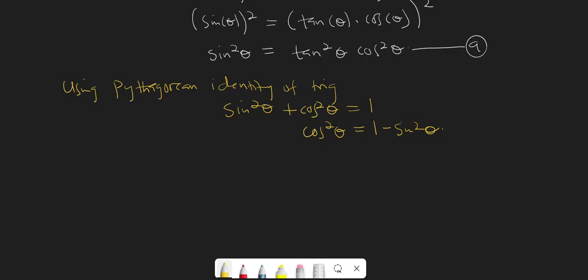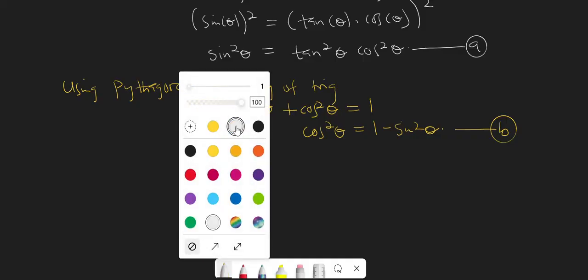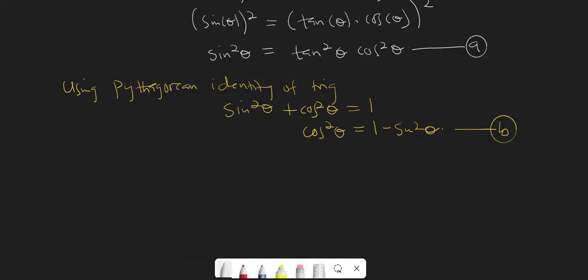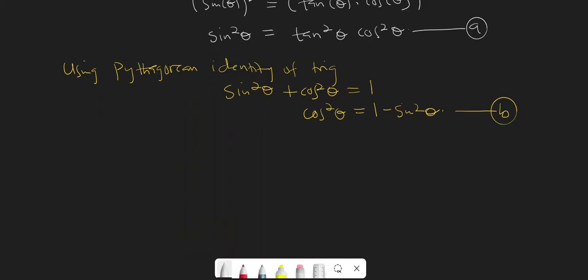We can call this equation B, so we can put B into A. That means wherever you see cosine squared theta in equation A, you plug in 1 minus sine squared theta. So our equation A becomes sine squared theta is equals to tan squared theta times 1 minus sine squared theta from the Pythagorean identity.